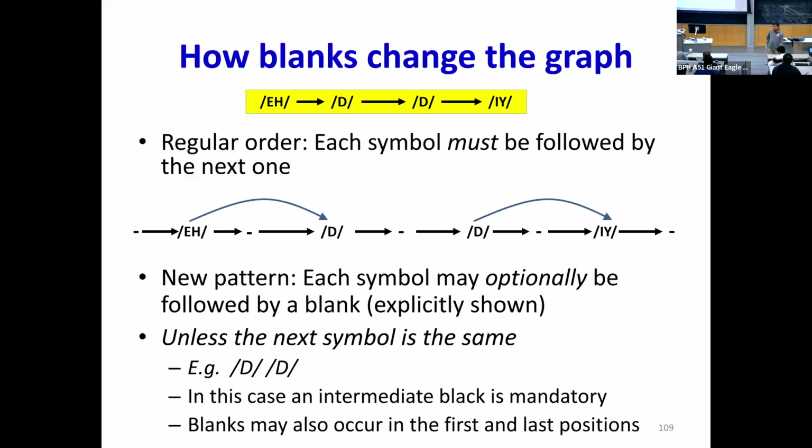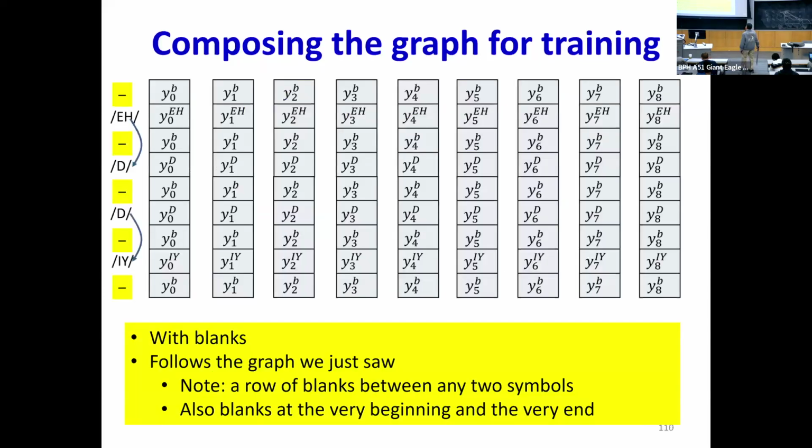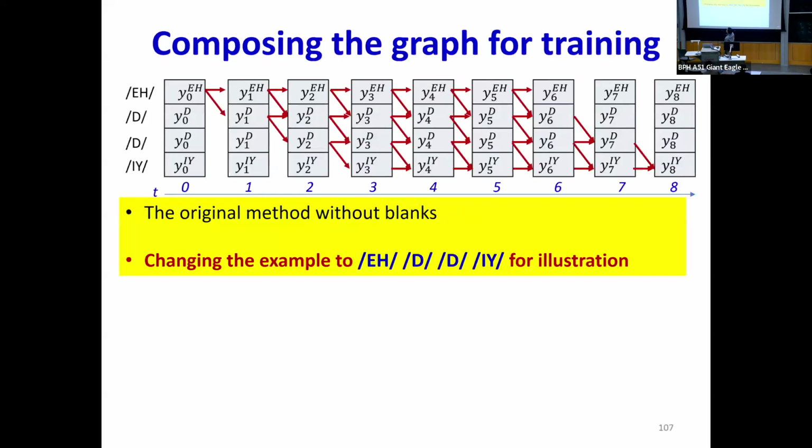So that's how we use the symbol. When I represent the actual sequence, I'm going to have optional invisible symbols when the symbols on either side are different. And if the symbols on either side are the same, the blank will not be optional anymore. So going back to our graph, here's how I'm going to be composing it. Earlier, this was the sequence for which I pulled out the rows from the table, right?